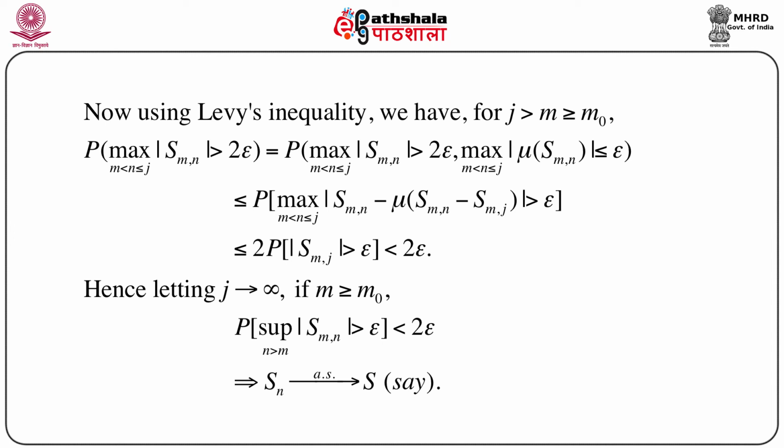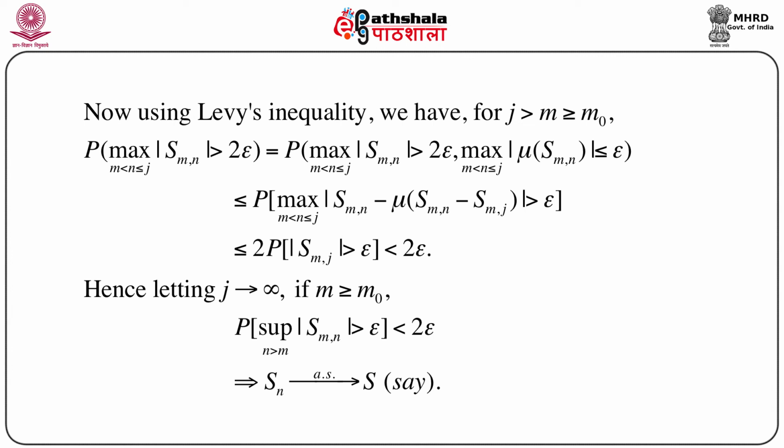Now if we let j go to infinity, for m greater than or equal to m0, the probability of the supremum over n greater than m of modulus of Sm,n greater than epsilon is less than or equal to 2 epsilon. This is basically the lim sup, which says that Sn converges almost surely. Let us call this almost sure limit, a random variable, S.